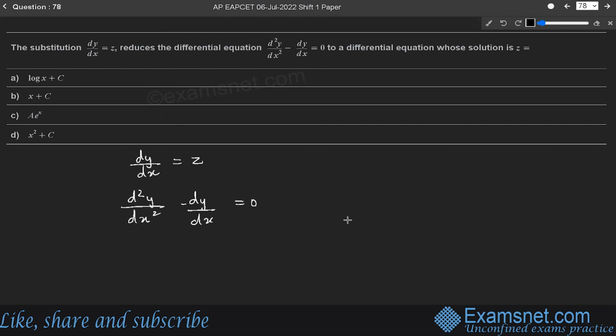Since d square y upon dx square minus dy by dx is equal to 0, so d square y upon dx square will be equal to dy by dx, and we know that dy by dx is equal to z. So we can say that it will be equal to dz upon dx, which is equal to z, or we can say that dz upon dx minus z is equal to 0.